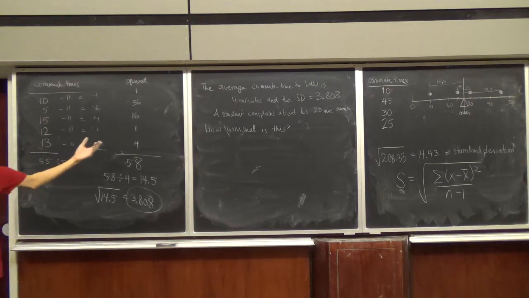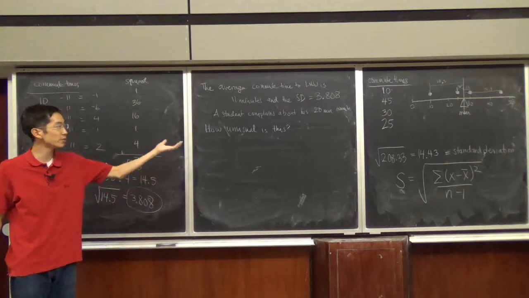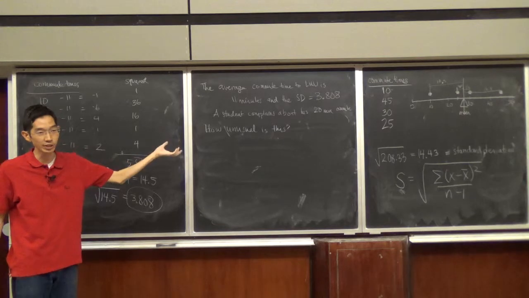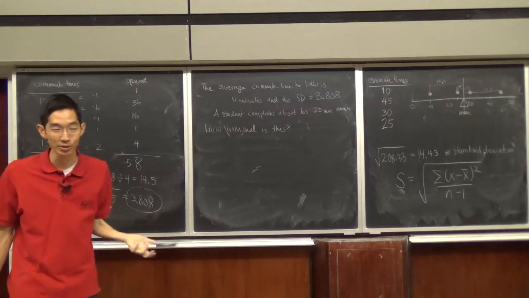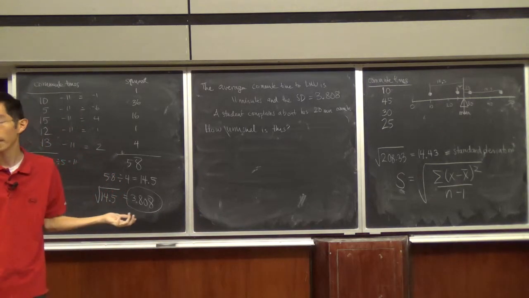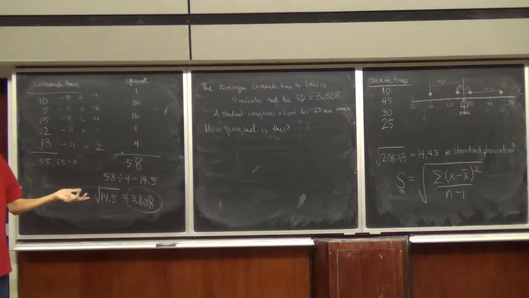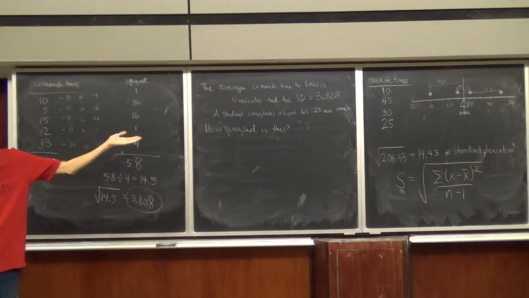What we can do is we can figure out how different his commute is from average, but not just in terms of minutes, but in terms of the standard deviation. So, how much longer than average is this person's commute? It's 9 minutes longer than average. You see that?